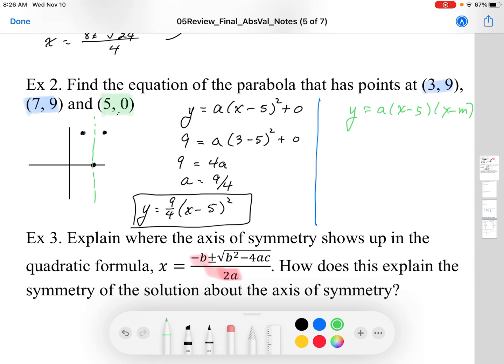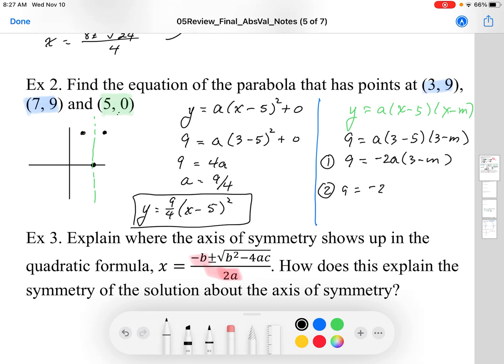So I can use the coordinate of (3, 9), and that generates this equation. I'm going to simplify that. Okay, so that's one equation, and I can then use the other coordinate of (7, 9), and I can do the same thing.